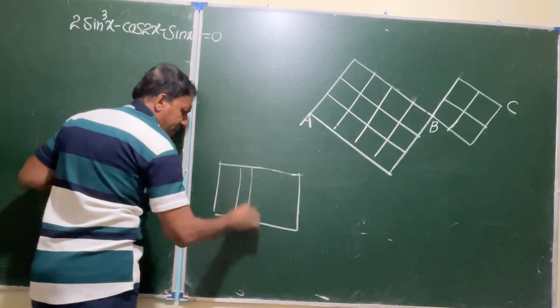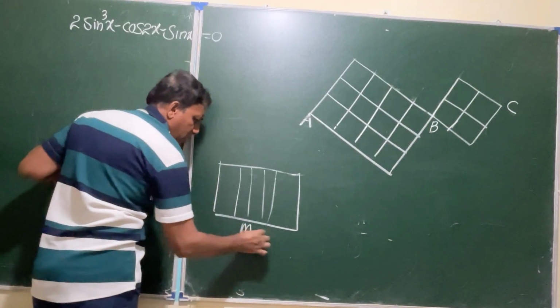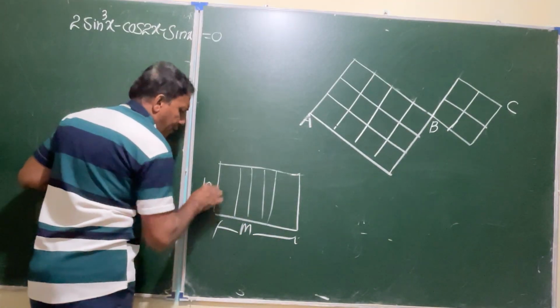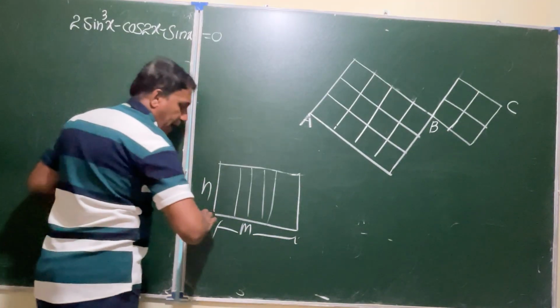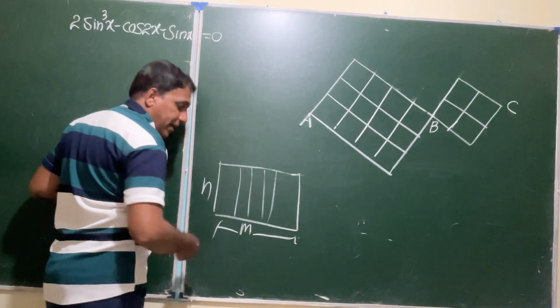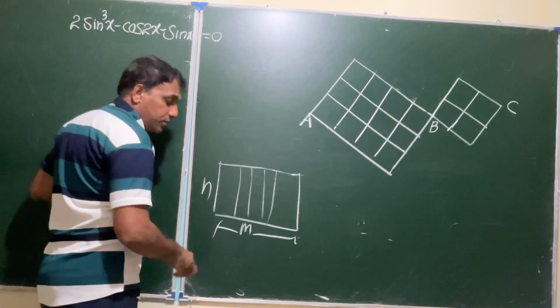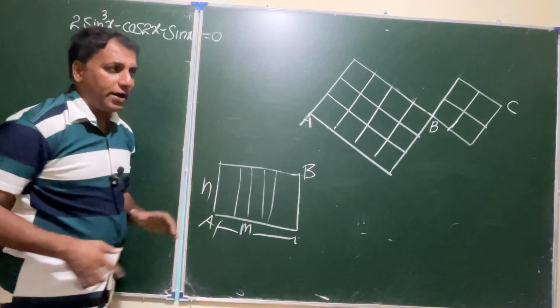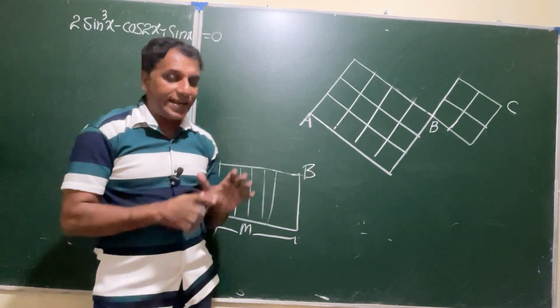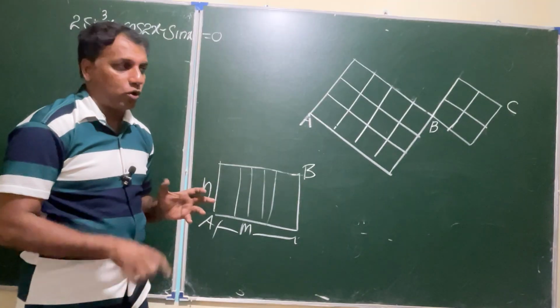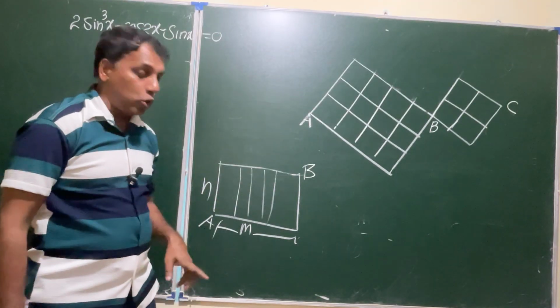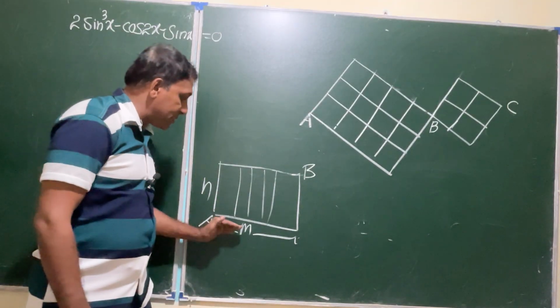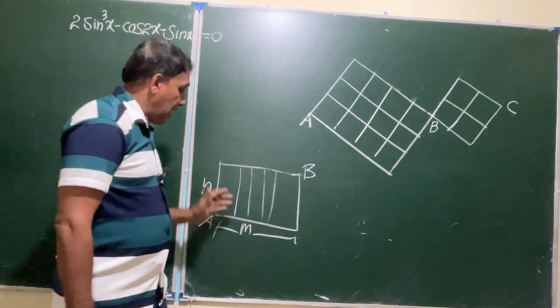And there's a way for a simple case. For example, if this grid consists of m rows and n columns, like that, m rows, n columns. So A to B, that is the theory part. Now I want to prove those theories by answering the calculation part only. From A to B, for example, it consists of m rows, n columns.